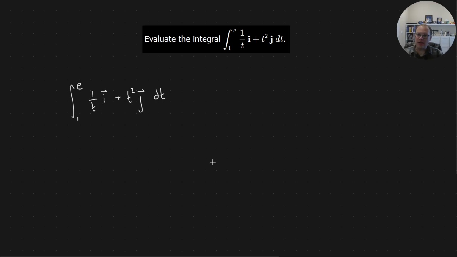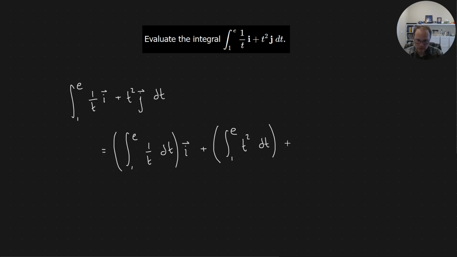And we're going to integrate each component individually. So I'm going to first worry about the 1 over t, and then I worry about the other component, t squared. I'm going to integrate them both.